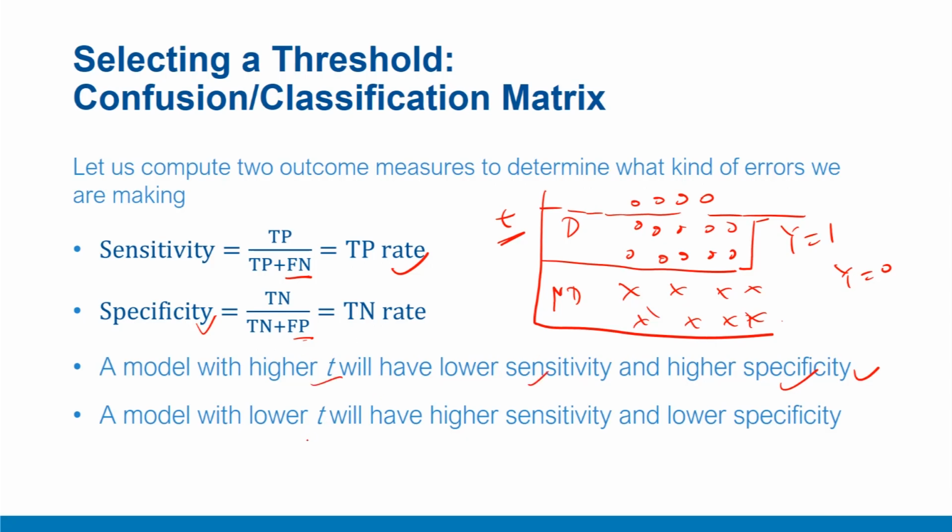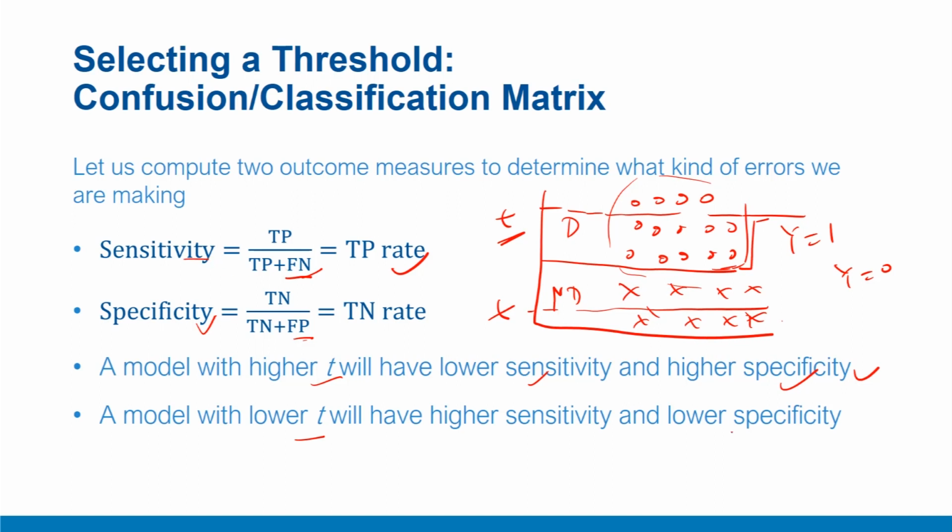Vice versa applies for a lower t. That means if you pick a very low value of tau or t thresholding, we are interchangeably referring to this t or tau, then most of the defaulters, in fact all of the defaulters, you will probably classify correctly as defaulters. So your false negatives will be very few and your sensitivity will be high.